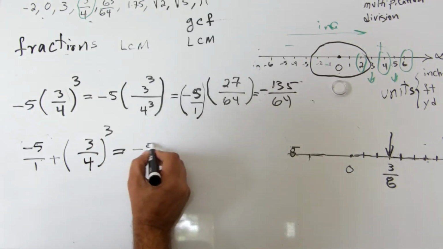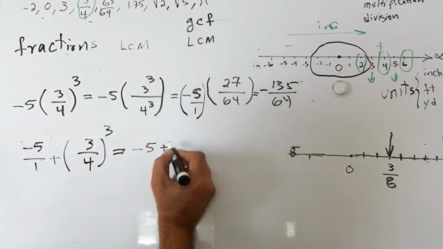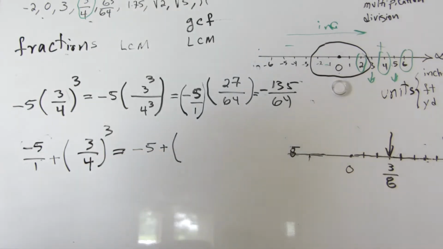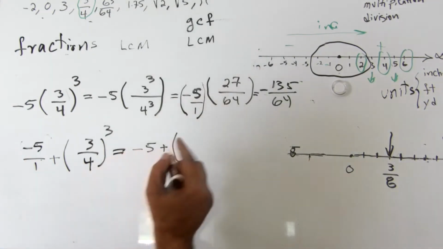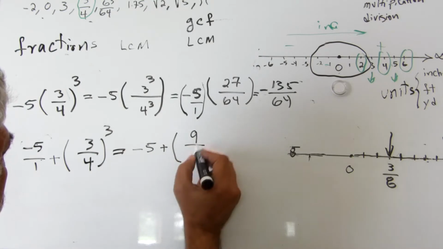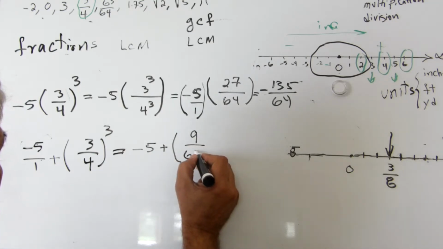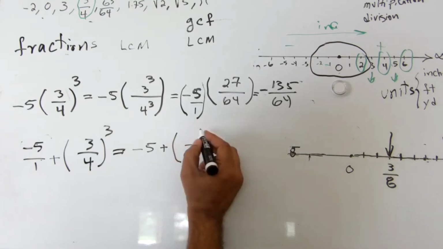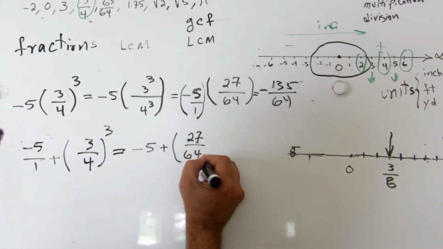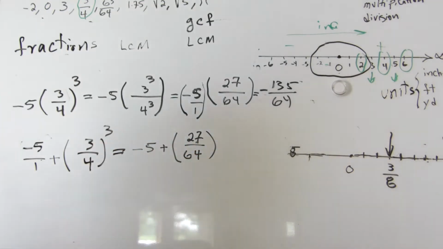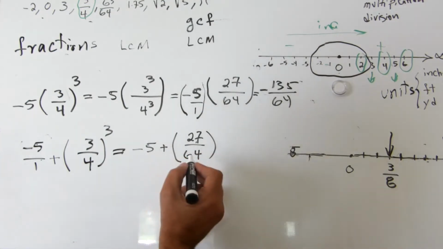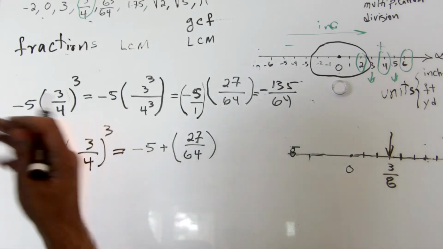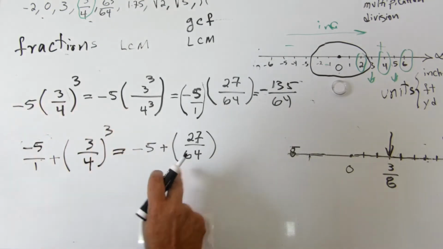Okay, first we find the answer in parentheses: 27 over 64, because 3 to the power of 3 is 27 and 4 to the power of 3 is 64. So this is different. Then we go to the addition of these fractions.